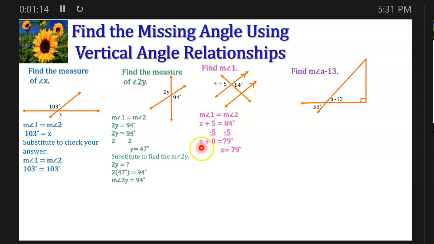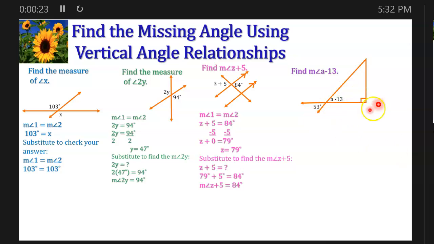We subtract our 5 from both sides, and z ends up being 79. We substitute that back in. Z plus 5 is what we're trying to find, which is 79 plus 5, and so the measure of angle z plus 5, or the measure of angle 1, is 84. I went ahead and changed it up there so you can see that angle 1 is the same as angle z plus 5.